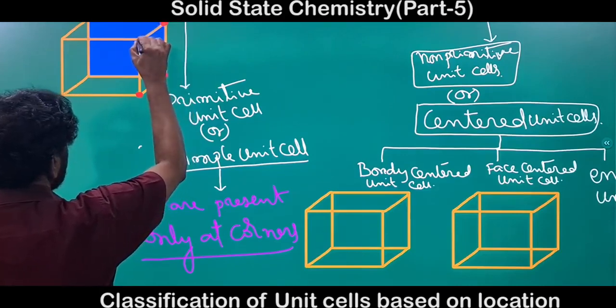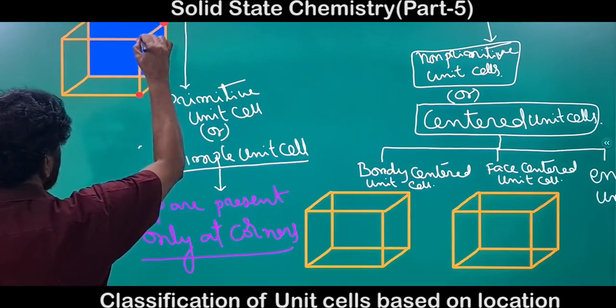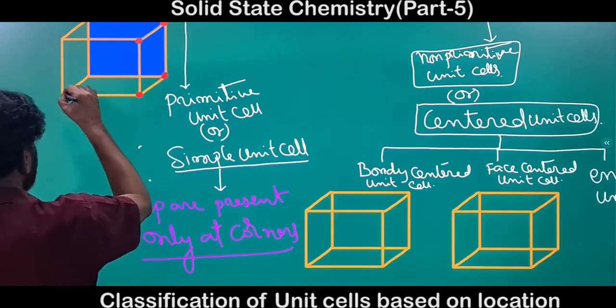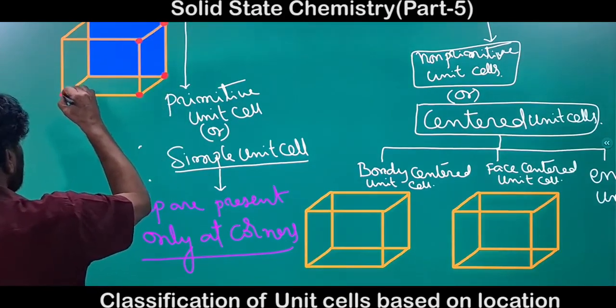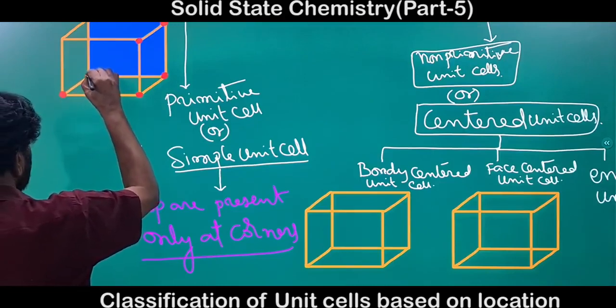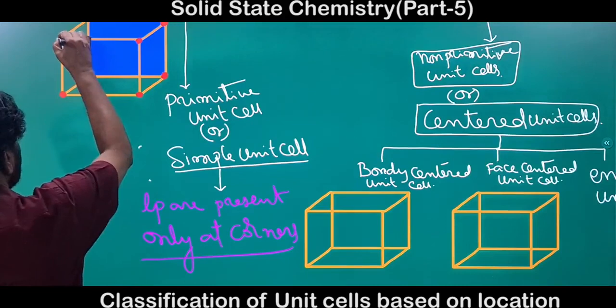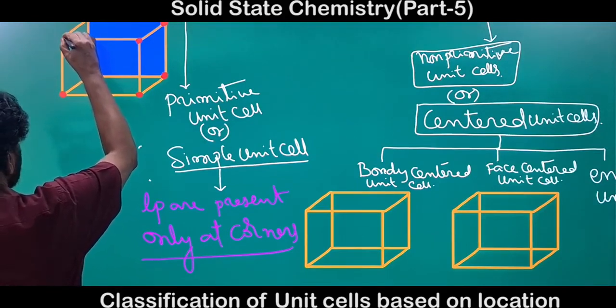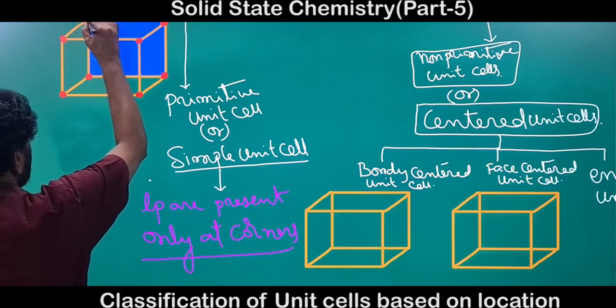This is the corner, 8 corners. Each unit cell contains 8 corners. In the simple unit cell, lattice points are present only at the corners, not at the other points.